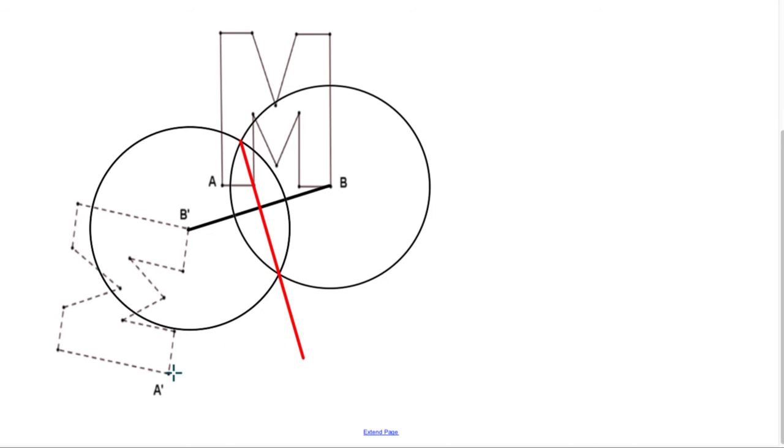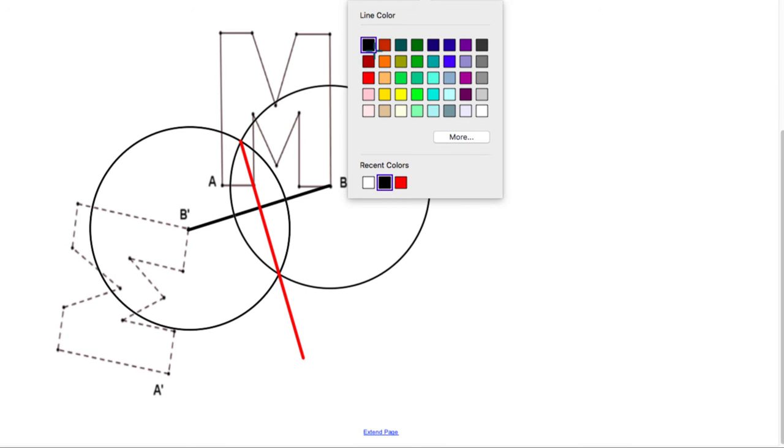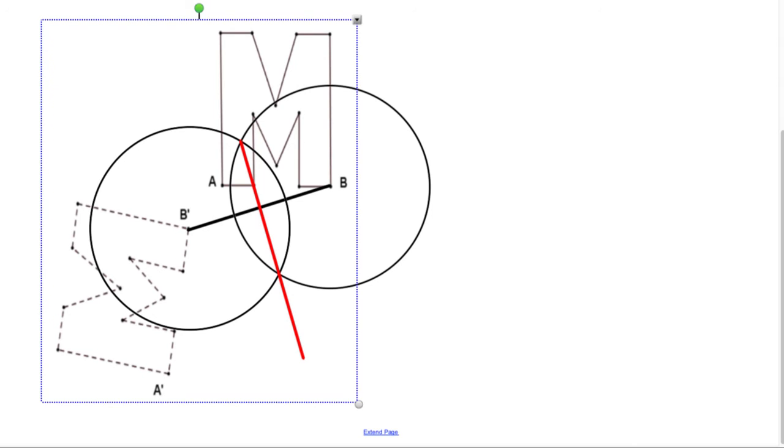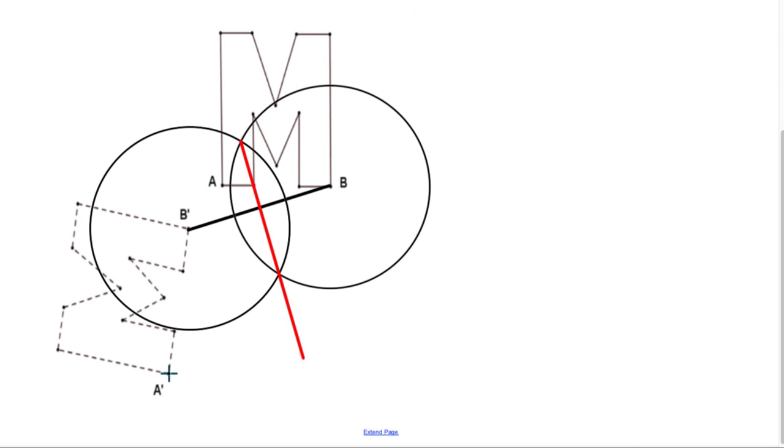You're doing that same procedure now between A prime and A. Find the perpendicular bisector. I'm going to be doing it quietly up here in case you need to follow along. So of course our first step was to make the line between A prime and A. From there we are going to use our compass.